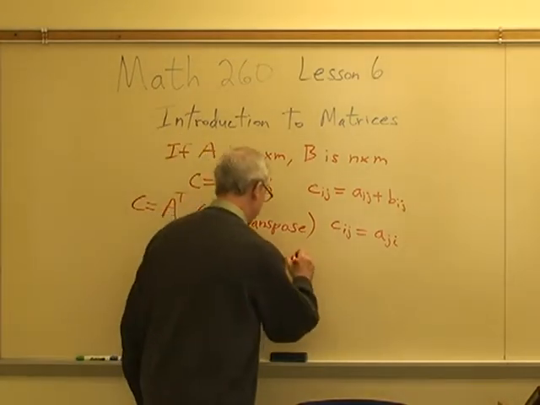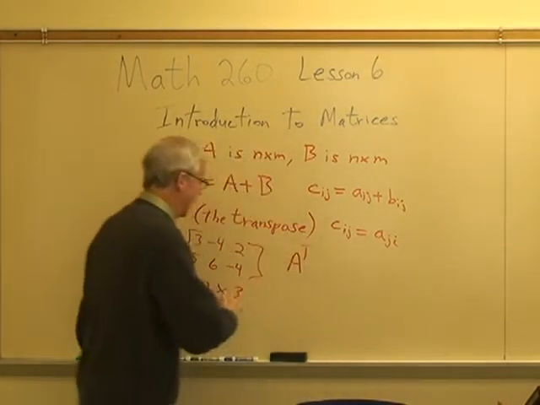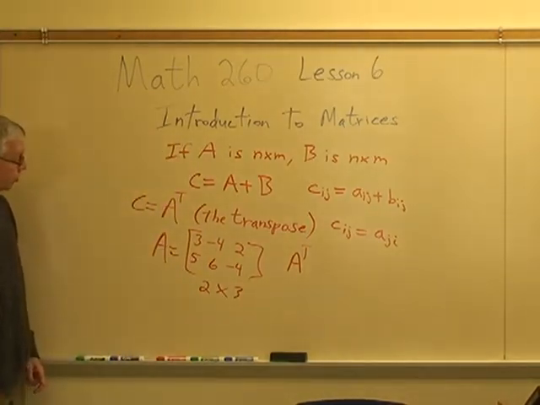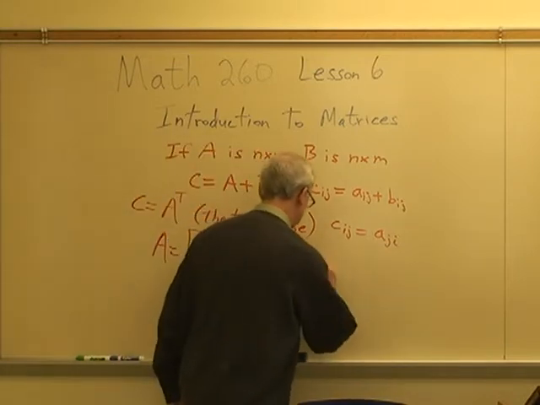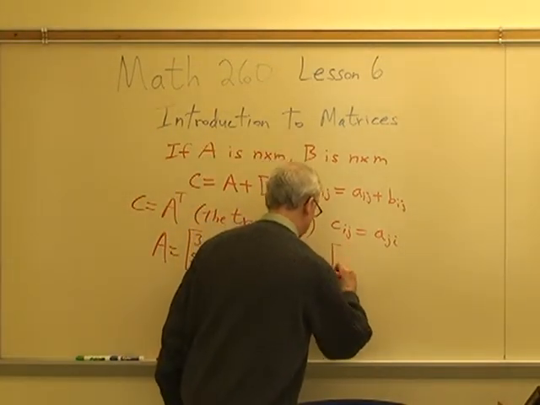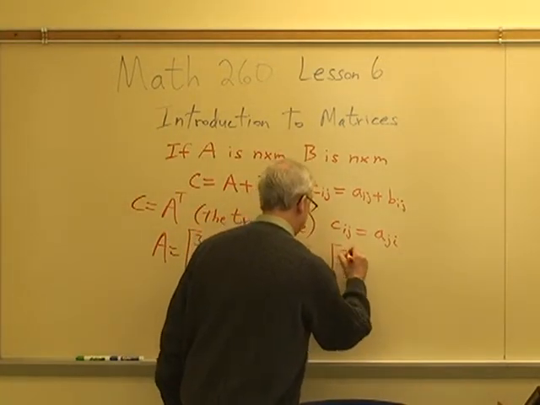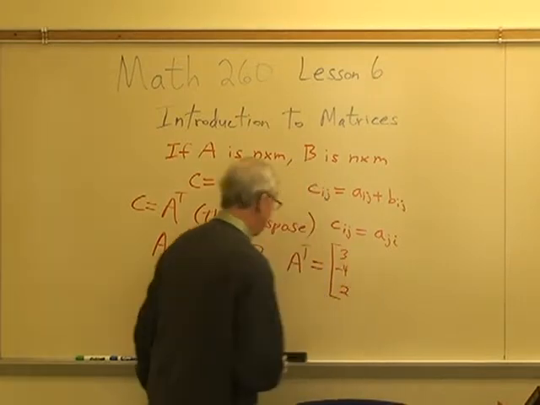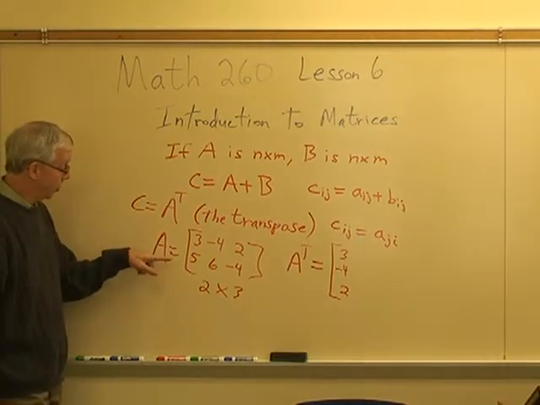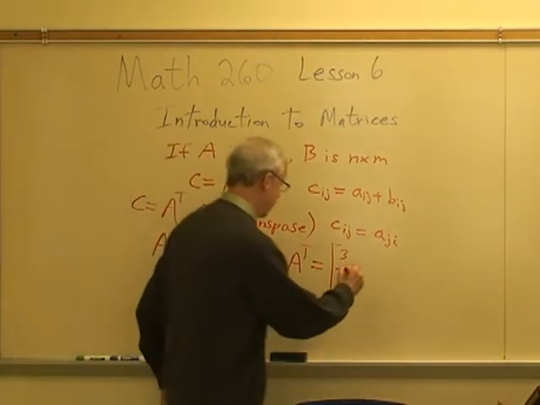Then A transpose interchanges the rows and columns. So the first column of A transpose is the first row of A. And the second column of A transpose is the second row of A.